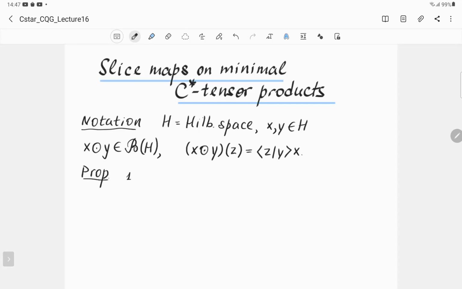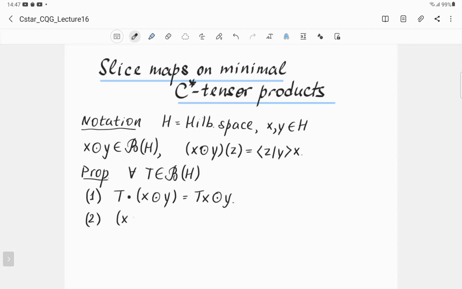First of all, if we take an arbitrary bounded operator T on H, then the product of T and this one-dimensional operator X circle Y is again the rank 1 operator corresponding to the vectors T X and Y. Similarly, if we multiply by T on the right, then we get the following: X circle T star Y.